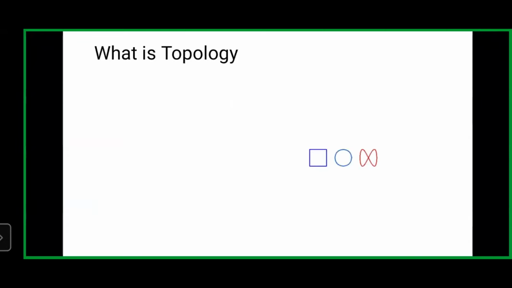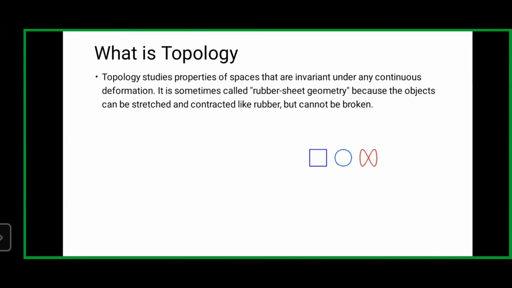First of all, what is exactly topology? Topological ideas are present in almost all areas of mathematics. The subject of topology itself consists of several different branches such as point set topology, algebraic topology, and differential topology, which have little in common.